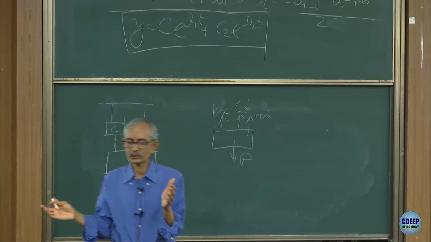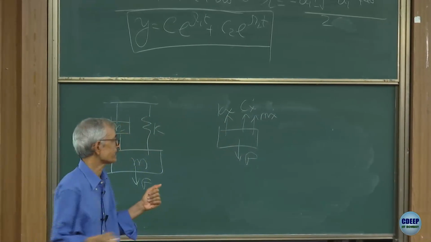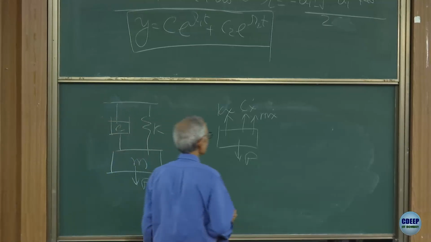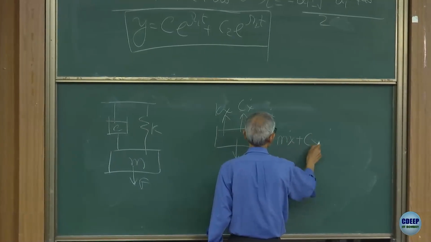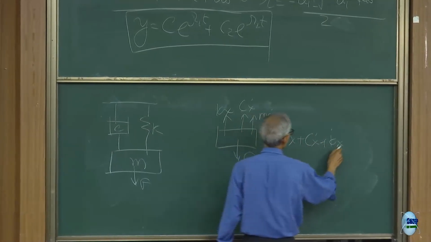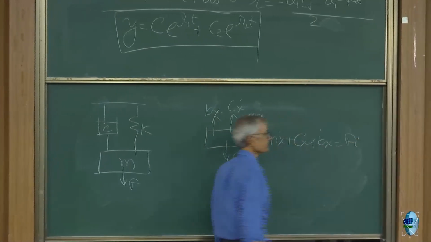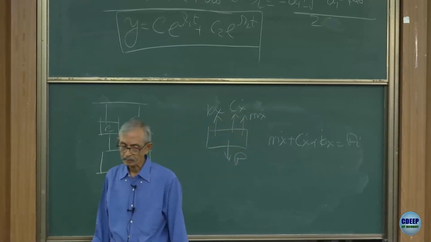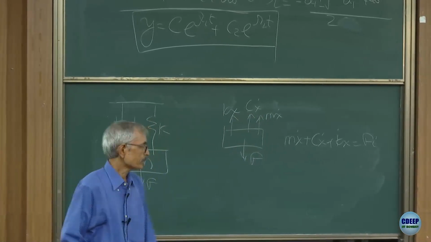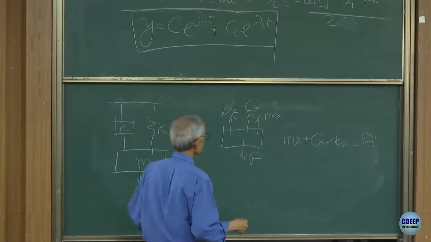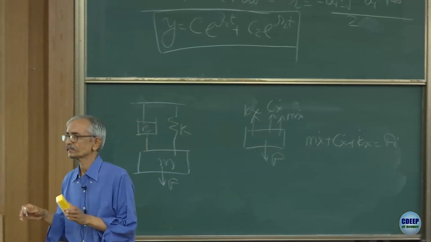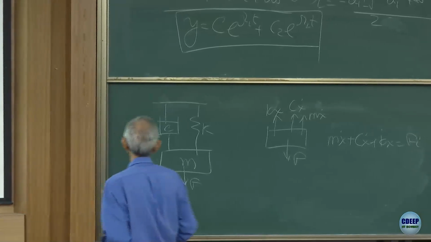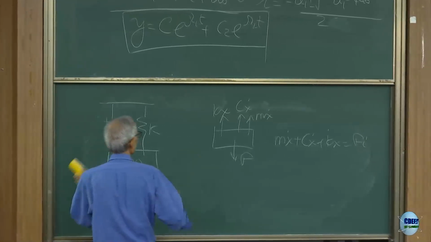So these are going to be balancing each other, and you get your governing equation as m x double dot plus c x dot plus k x is some right hand side, which is going to be f. Okay. Now, getting this equation is not important. All that I am trying to emphasize is the fact that this is a physical system that can be modeled like this.